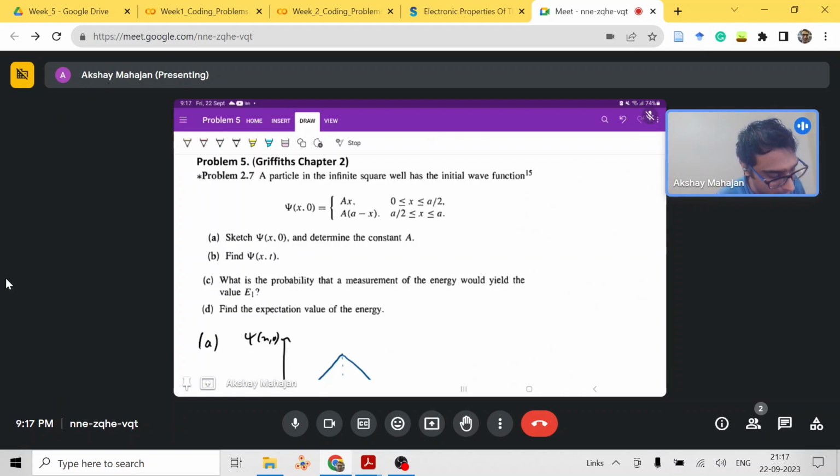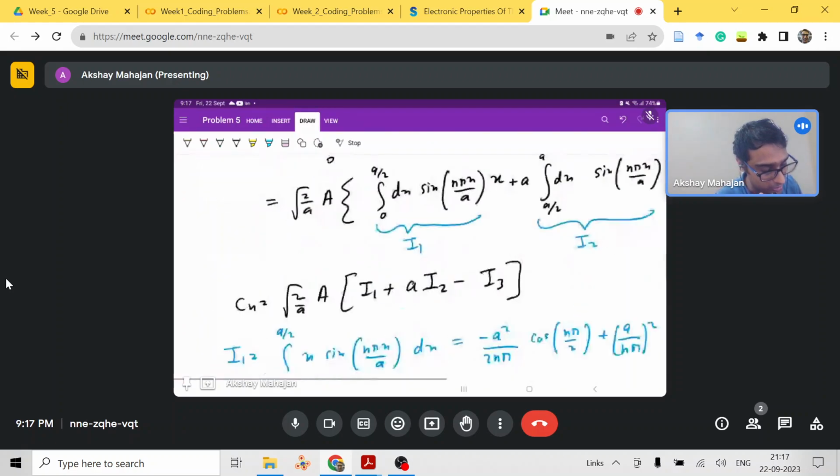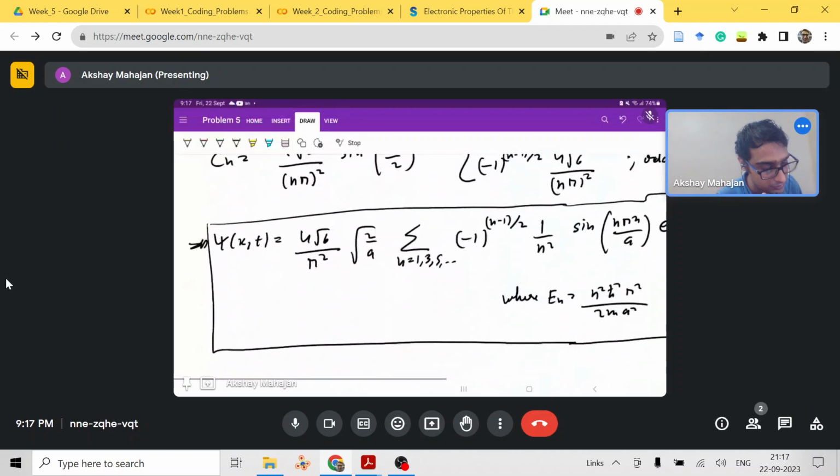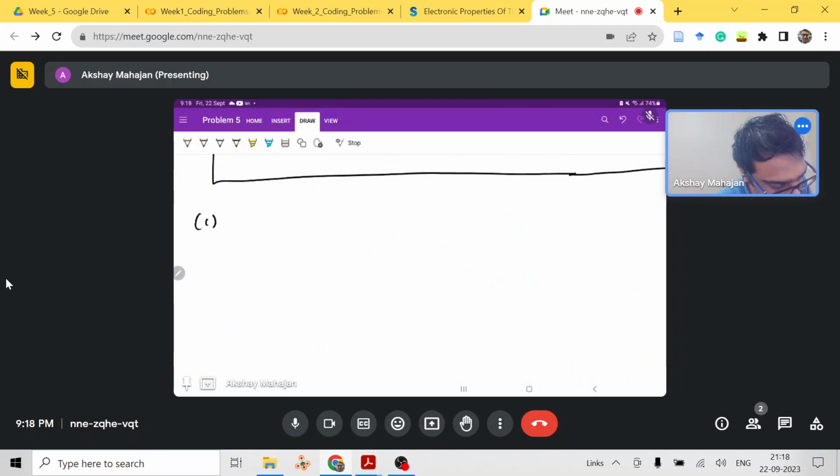What is the probability that a measurement of the energy would yield the value E1? That is similar to what we have done earlier. The probability will be given by the mod of C1 squared, as we have done earlier.